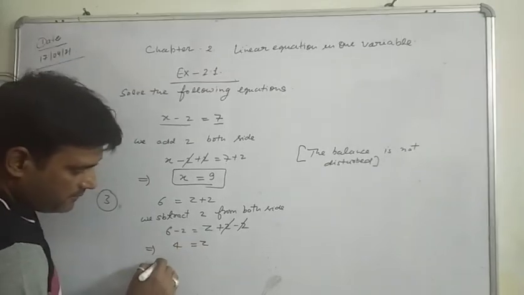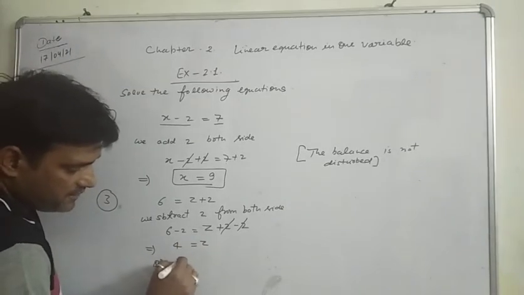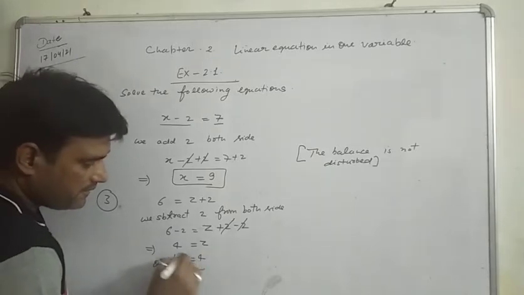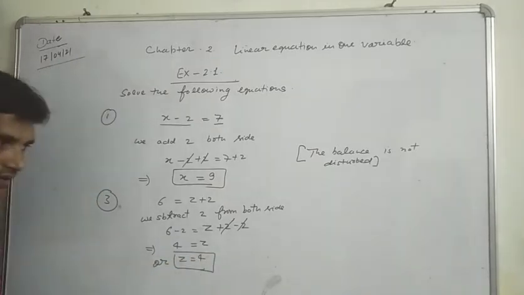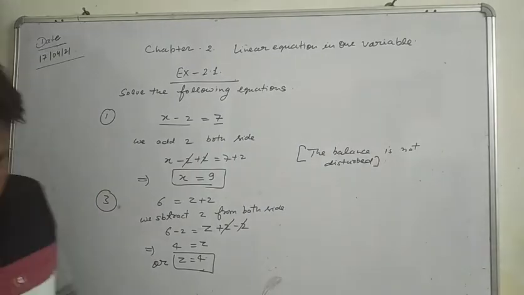We write it in this form, z = 4. In this way we solve these types of equations.